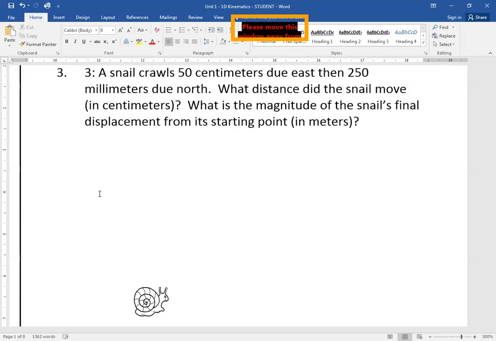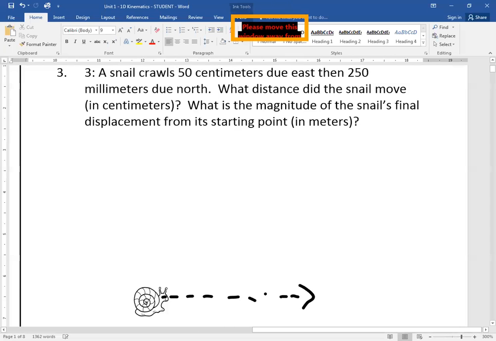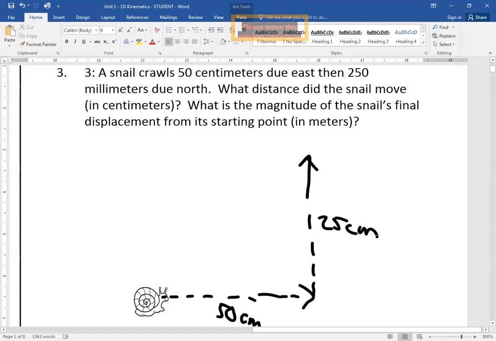Draw the diagram, draw the little picture. 50 centimeters and 25 centimeters. So how far did the snail travel? That's the easy part, right? The distance traveled is just 75 centimeters.